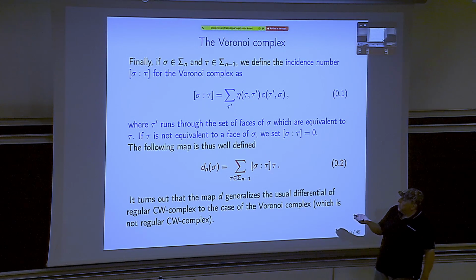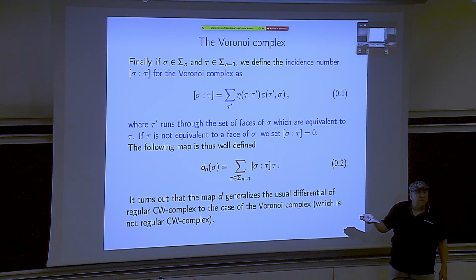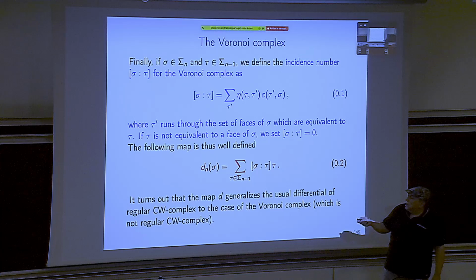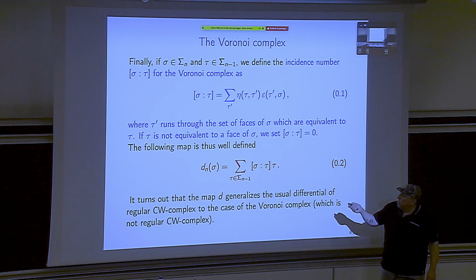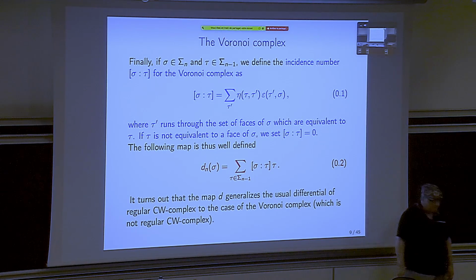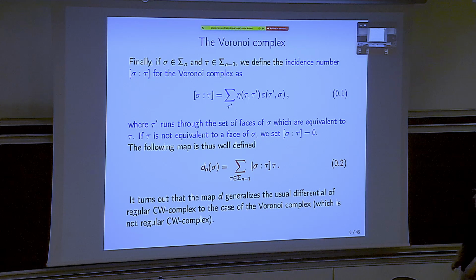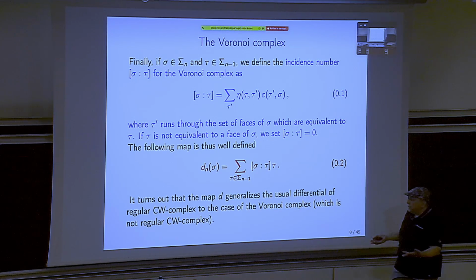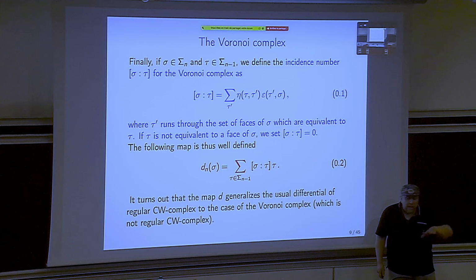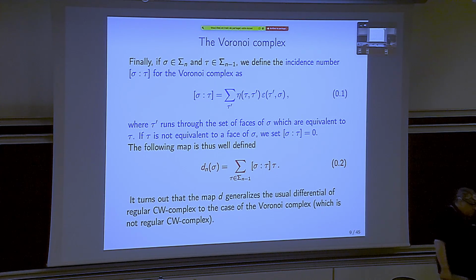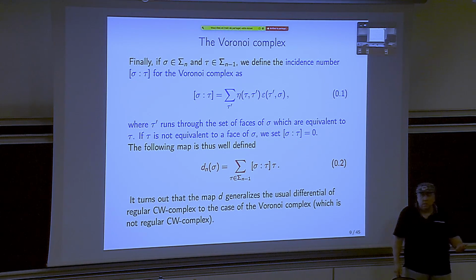Okay. So it means that, of course, this set is always going to be finite, but very large, as you will see in a few minutes. But most of these numbers will be 0. And so, in some way, it recovers the classical differential that you can build recursively in the case of a regular complex.